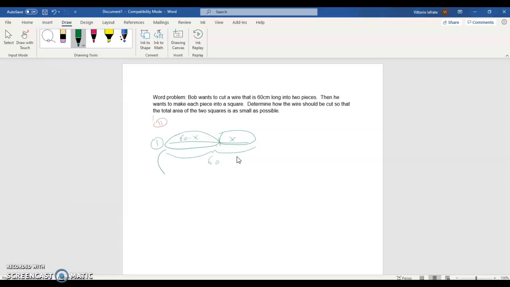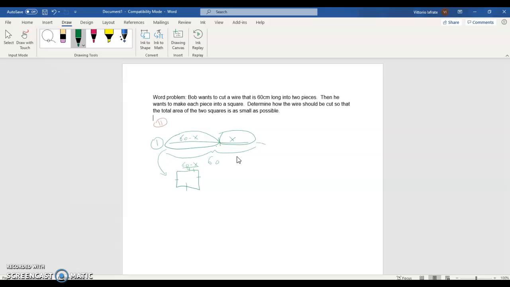So with this one here, I can make a square. The whole perimeter of the square must be 60 minus x. Now since it's a square, what that means is that each side would be (60 minus x) over 4. Right, because if this was 8, then each side would be 2.